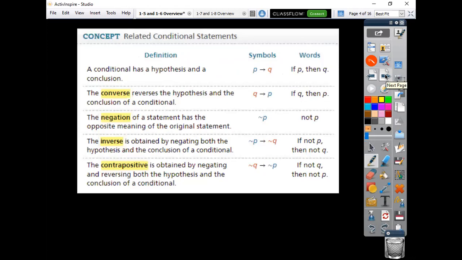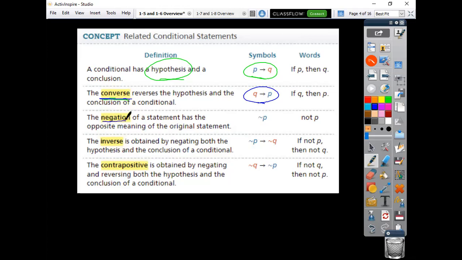Now the next thing, a lot of times you'll see this in problems or test questions. So you've got your hypothesis, your if-then. A converse, so here's my if P then Q. The converse is going to be when you flip those around, and that will not always be true.